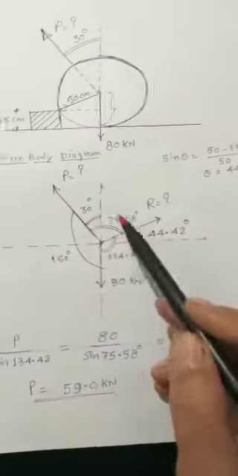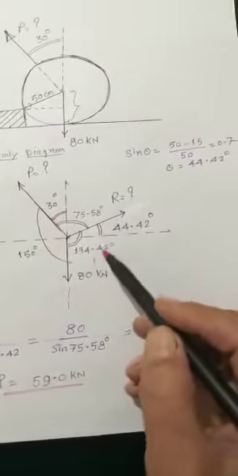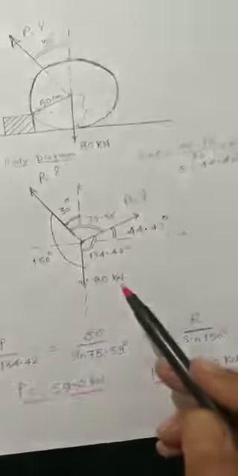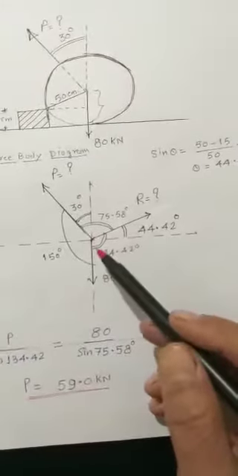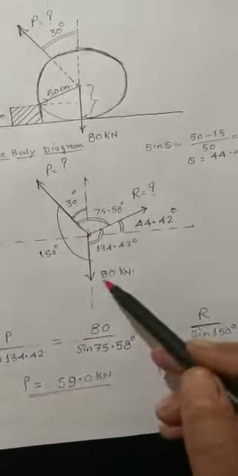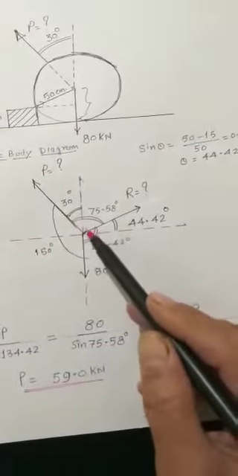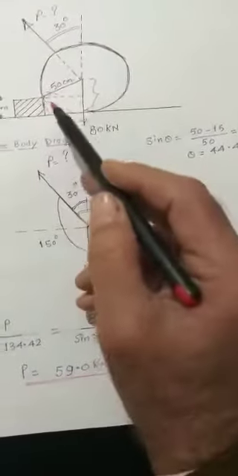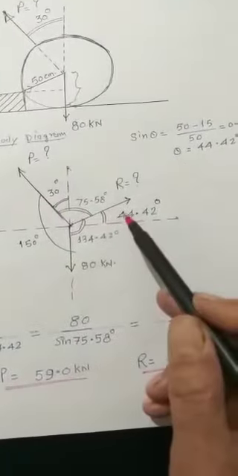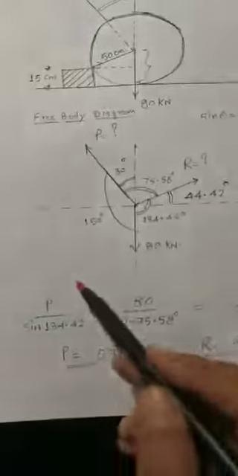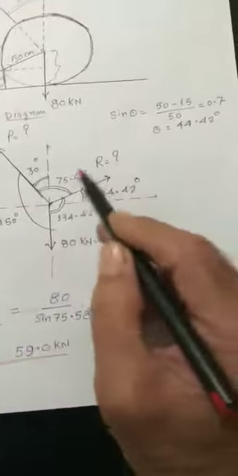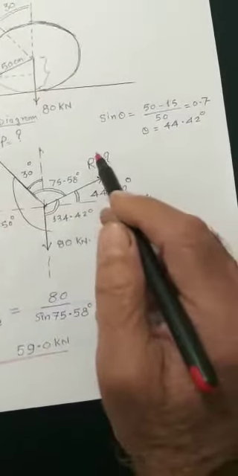This angle can be very easily calculated: 360 minus this plus this. Once all these angles are known and this weight is known, you can find out the pull that is required and the reaction of the block that is resisting. Applying Lami's theorem, we can find out the value of P and R both. So you are supposed to solve such a type of problem, which is a typical type of problem.